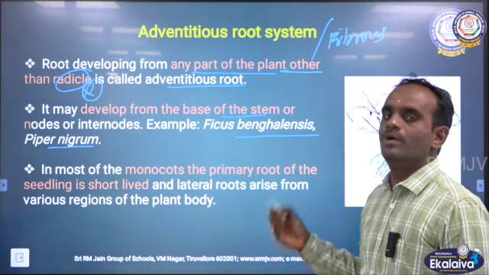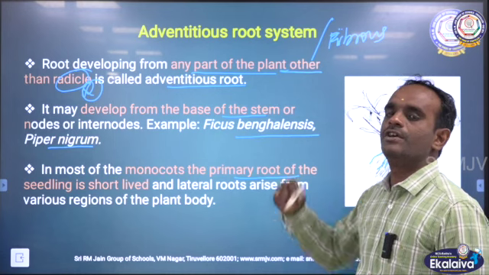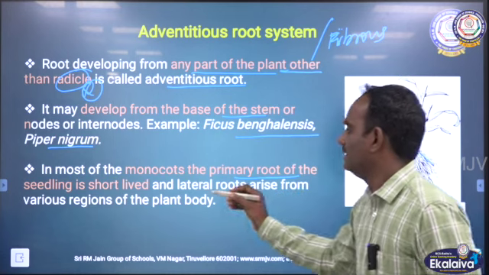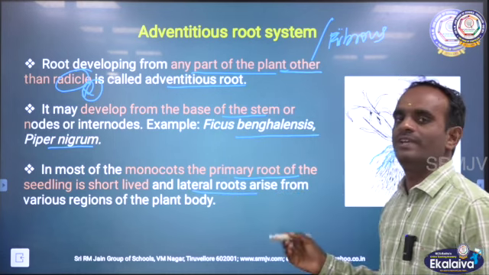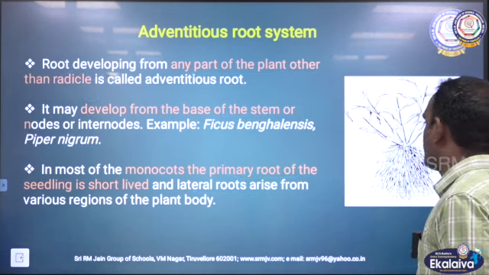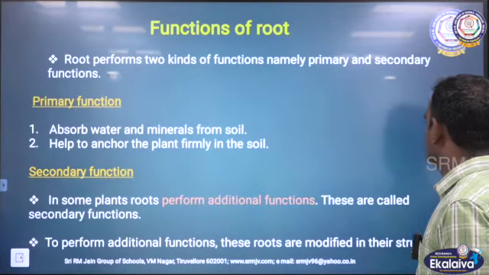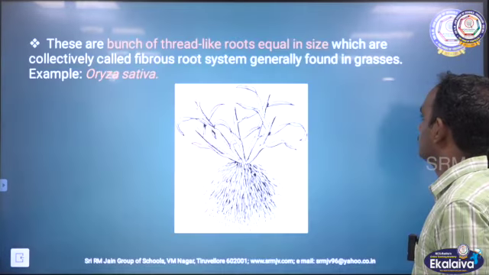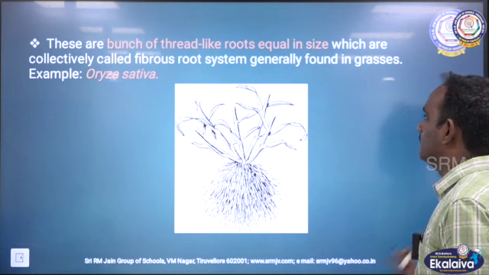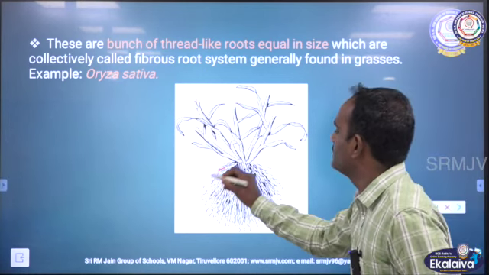In most of the monocots, the primary root of the seedling is short-lived, okay, and then the lateral roots arise from various regions of the plant body. There is a bunch of thread-like roots equal in size.